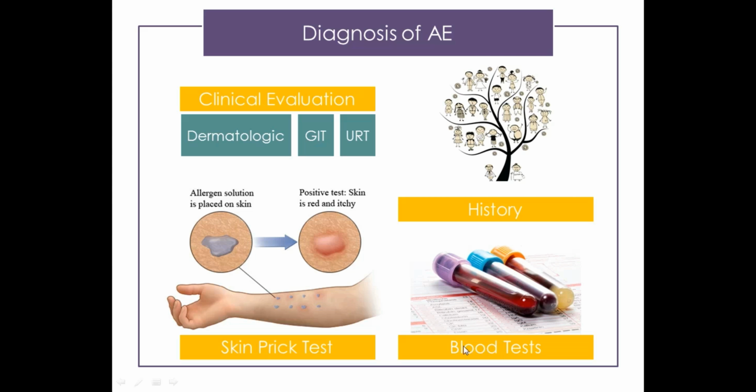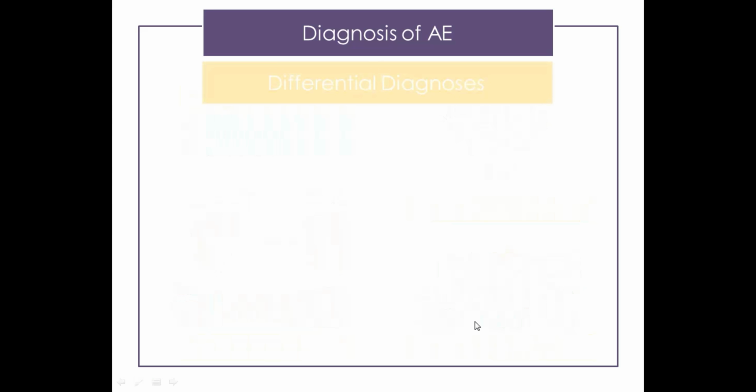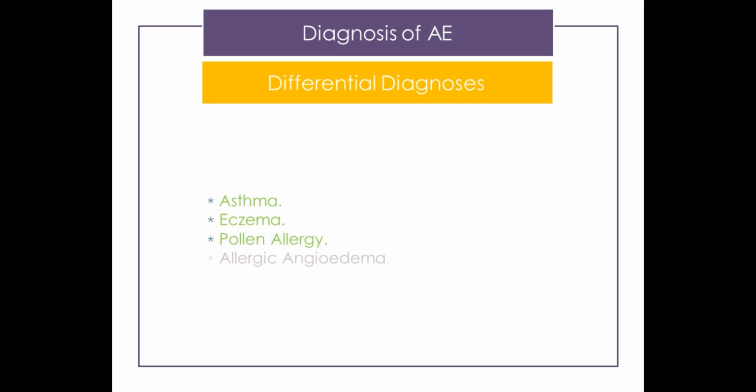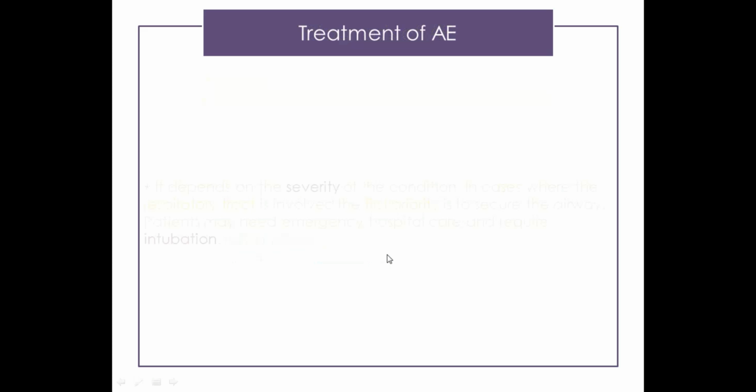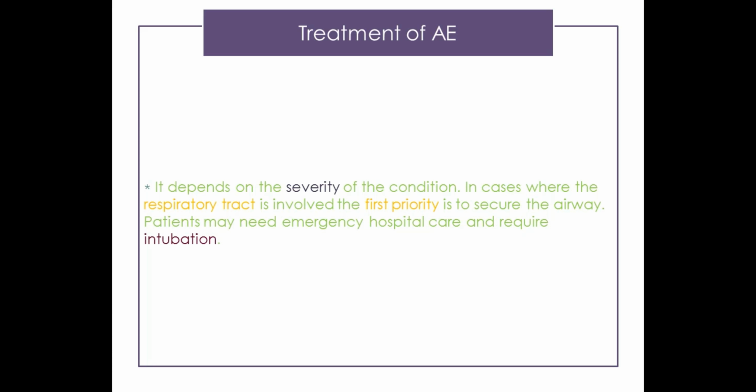And we can also do blood tests to see the amount of the enzymes that we talked about, like C1 esterase inhibitor, and also the amount of bradykinin in the blood. The differential diagnosis of this case can be asthma, eczema, pollen allergy, or allergic angioedema, which is the case in here, right?